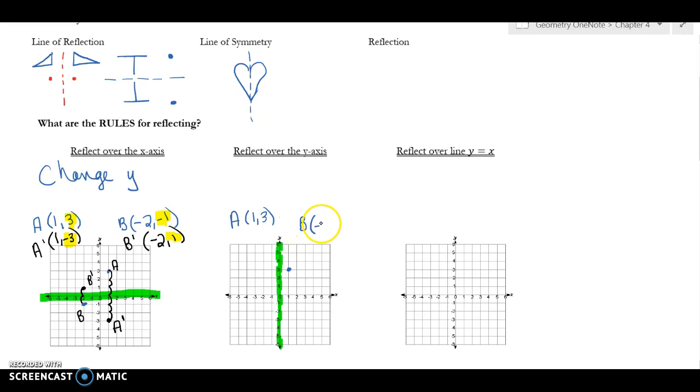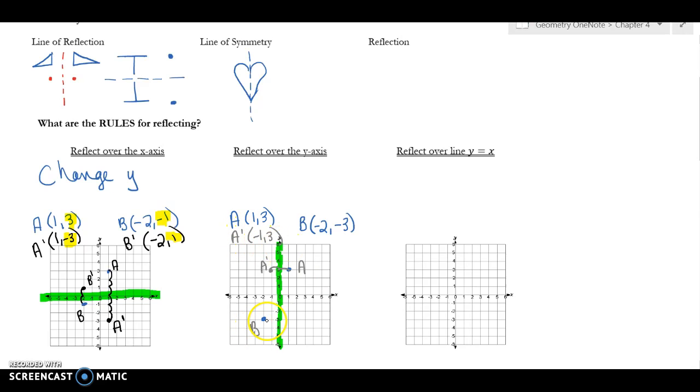And B is -2, -3. Okay, when I reflect over the y, now I'm going to count how far away I am from this y line, which is just 1. So I'm going to go 1 the other way. So A prime is at -1, 3.